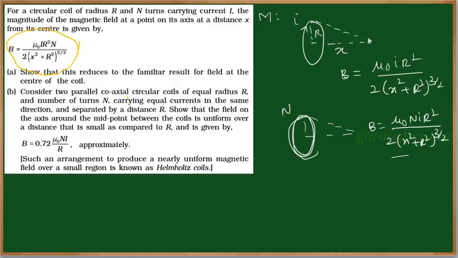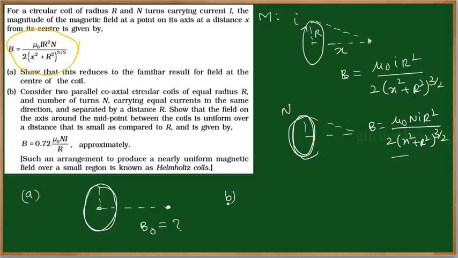Here two questions are there. Need to find out two things. One is the field at the center of the coil. So if the coil is here and we got an expression for the magnetic field at the point which is on the axis, if you bring this point to here, it will become the center of the coil. Here we need to find out the magnetic field, that is B naught.